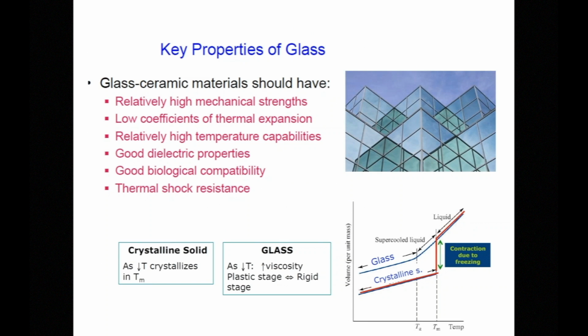Key properties of glass. These are again brittle materials, relatively high mechanical strength, low coefficient of thermal expansion, relatively high temperature capabilities, good dielectric properties, good biological compatibility, or even chemical inertness, thermal shock resistance. Now, one thing that differentiates glass from ceramics is that glass is actually melt processable.